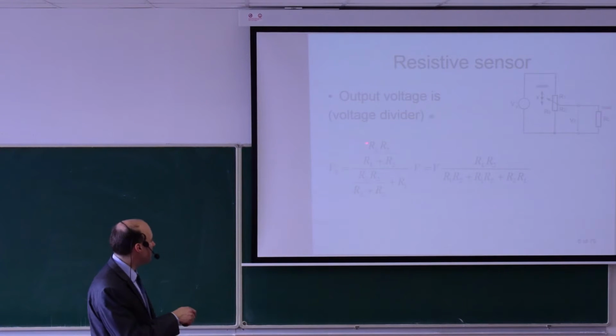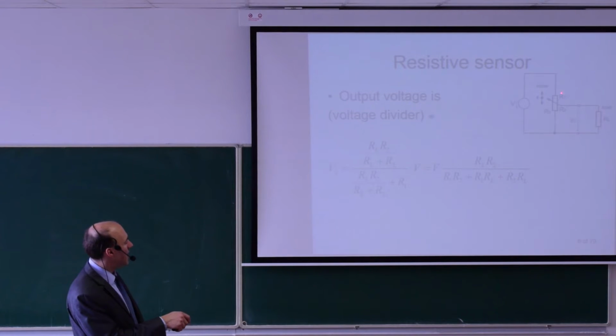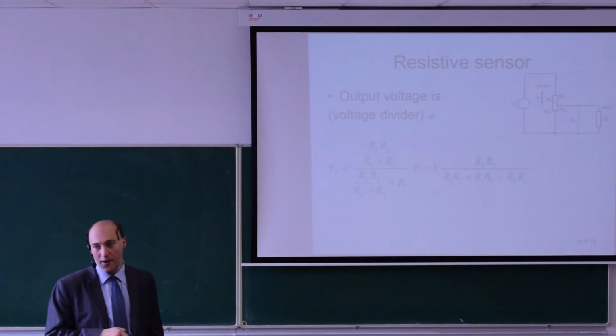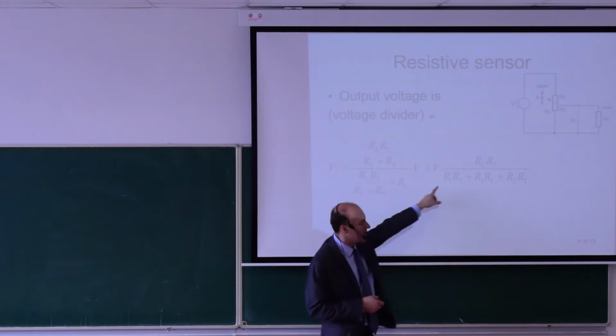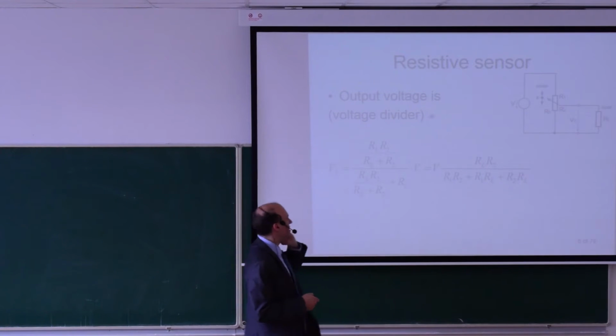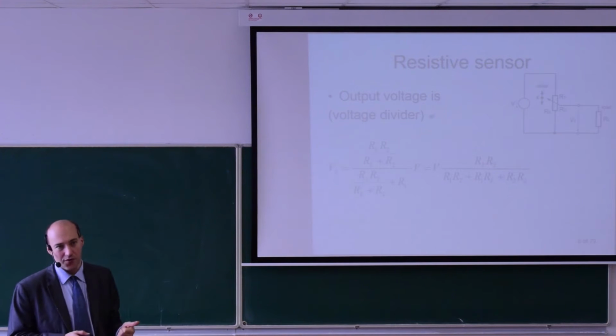That's what you see here, the equation for two parallel resistors. And then here you have this resistance plus this resistance, so it's R2 in parallel to RL plus R1. If you simplify this equation, you will get this. But here we see that the output voltage depends on the input voltage.